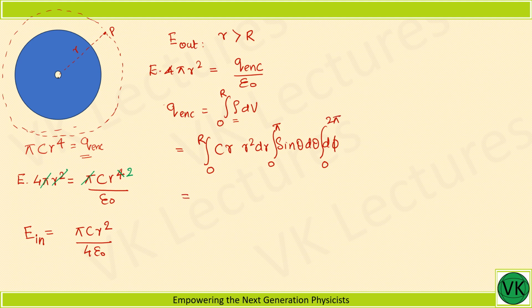So when you integrate you get C r cube integral is r to the power 4 by 4. This is from 0 to capital R, and this we already have seen, this integral is equal to 4 pi. So that's equal to pi, substituting r equal to capital R, so pi C capital R to the power 4.